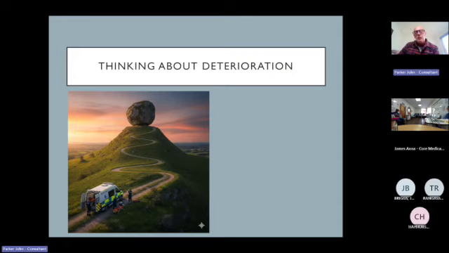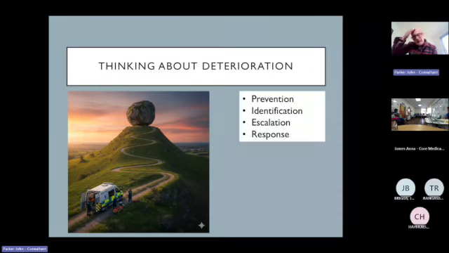And if we don't stop that boulder rolling, then it's going to cause a catastrophe in some way, shape or form. And the sooner we get on and do it, the easier it will be to prevent a bad situation evolving. So as I mentioned, there's the PIER structure to think about this.